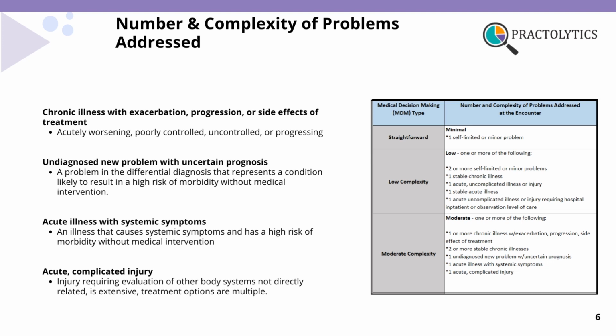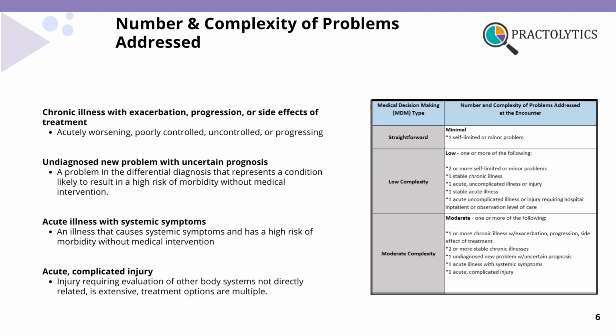That is an undiagnosed new problem with uncertain prognosis. The next one is acute illness with systemic symptoms. These are acute illnesses that usually cause systemic symptoms and also have a high risk of morbidity without treatment. Such conditions are all acute illness with systemic symptoms.